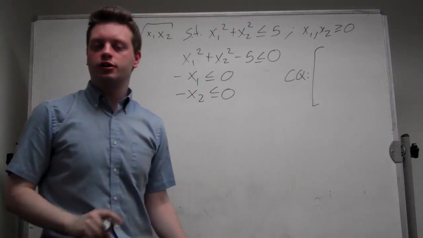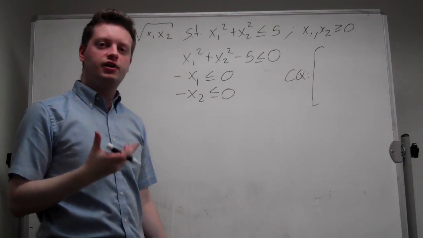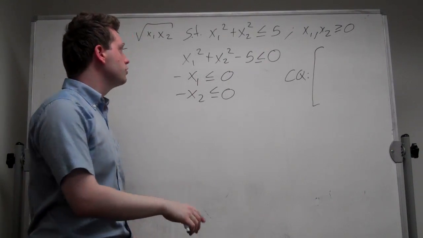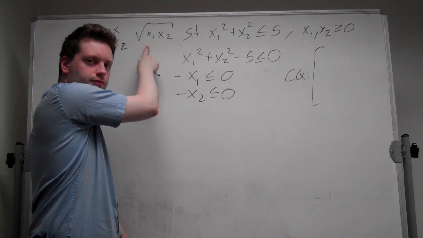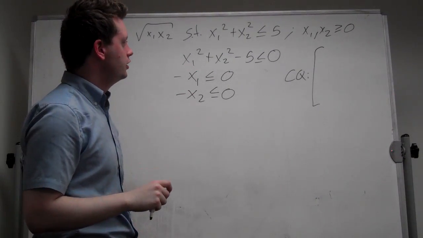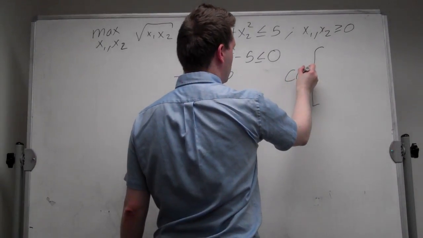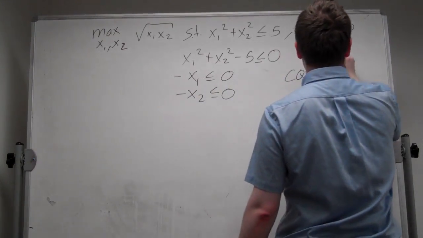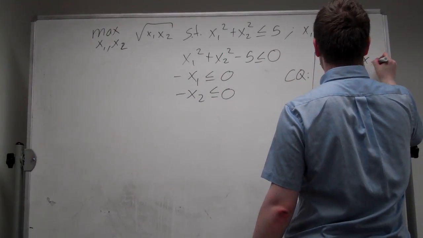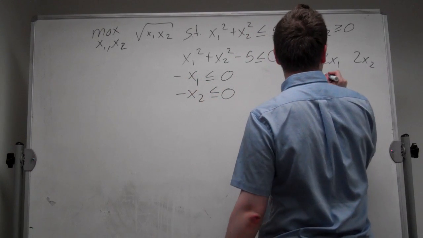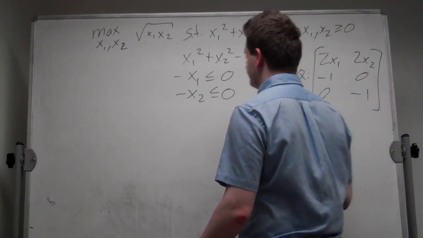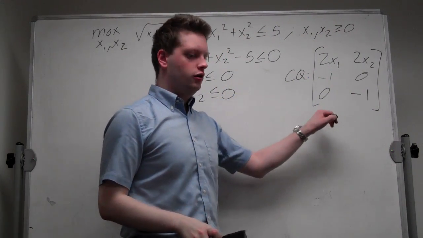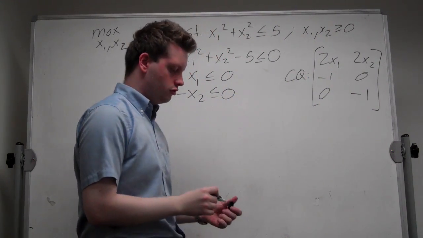In particular, the constraint qualification is the vector of first order conditions of the constraints with respect to our endogenous variables. Okay, so let's start with the first one here. So we get 2x1 and 2x2. The second one we get -1 and 0, and the third one we get 0 and -1. And we get our matrix of first order conditions.